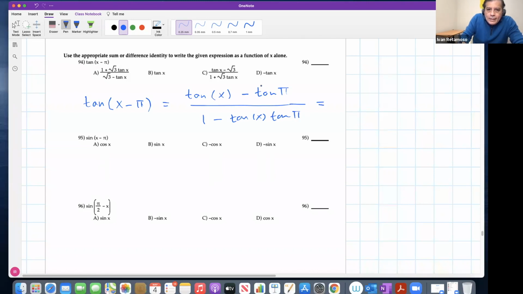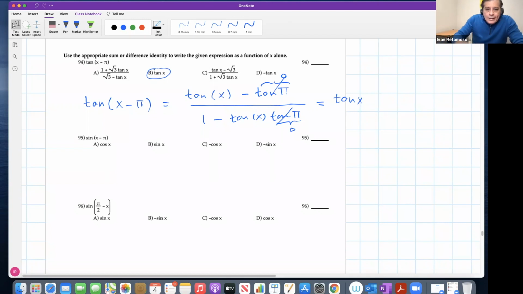But tangent of pi is 0. Use your calculator, you will see it, or from the fact that the sine of pi over cosine of pi, sine of pi is 0. This disappears. So this is just tangent of x. So believe it or not, tangent of x minus pi is just tangent of x. This is 94.